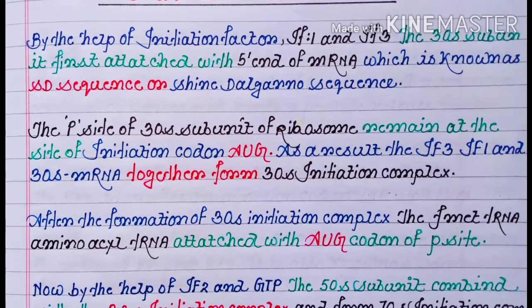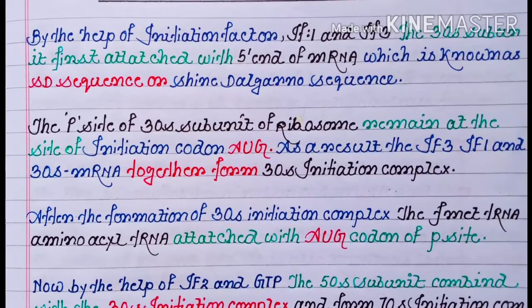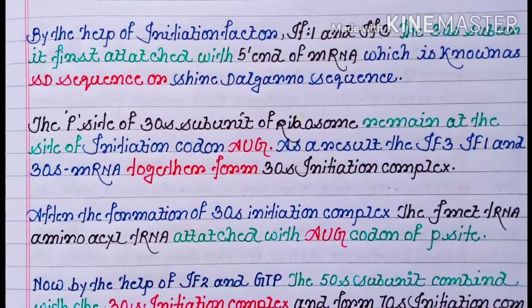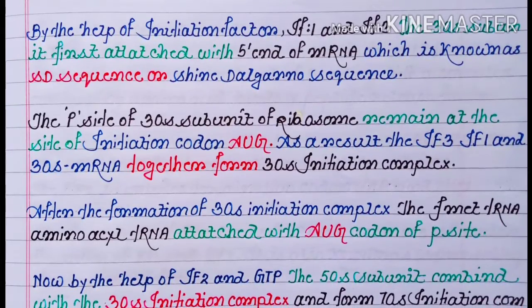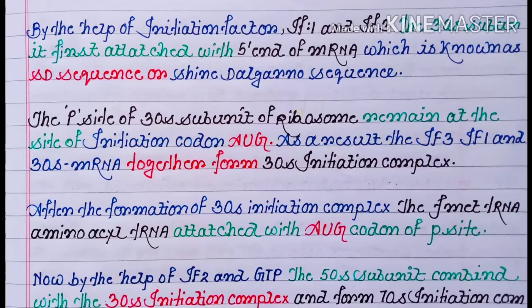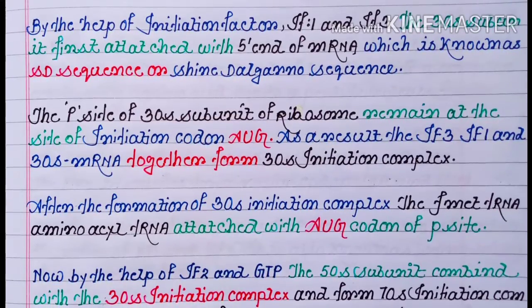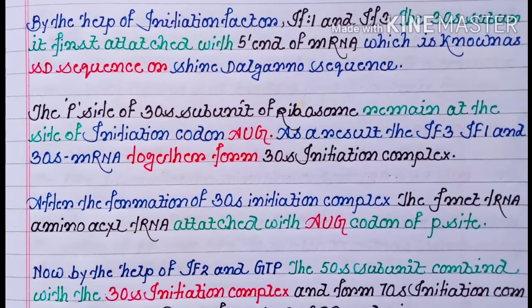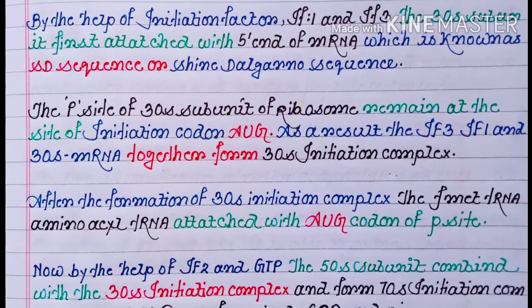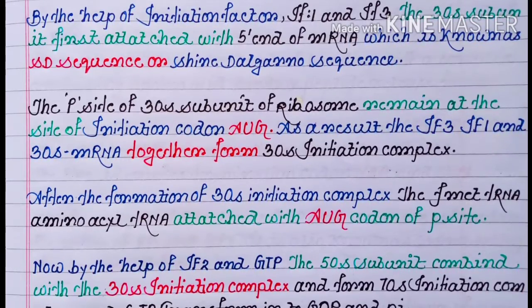As a result, IF3, IF1 and the 30S subunit with mRNA together form the 30S initiation complex. Now, after the formation of this complex, the fMet aminoacyl tRNA attaches to the AUG codon at the P site position.